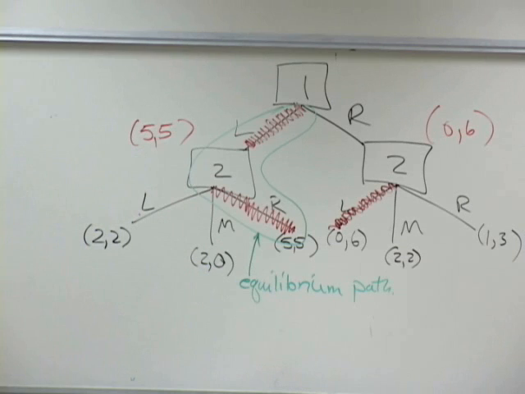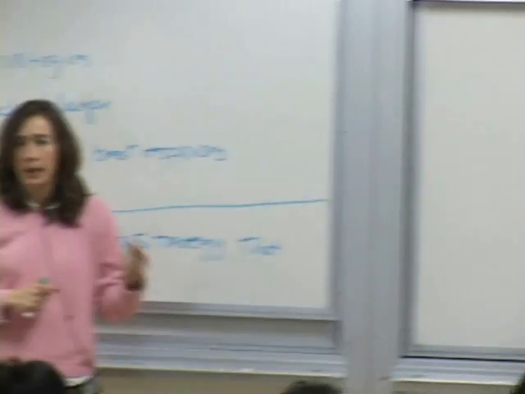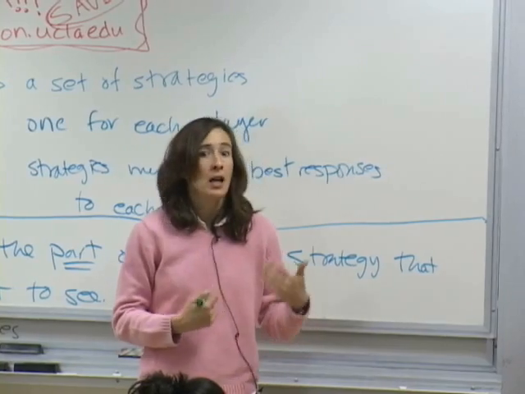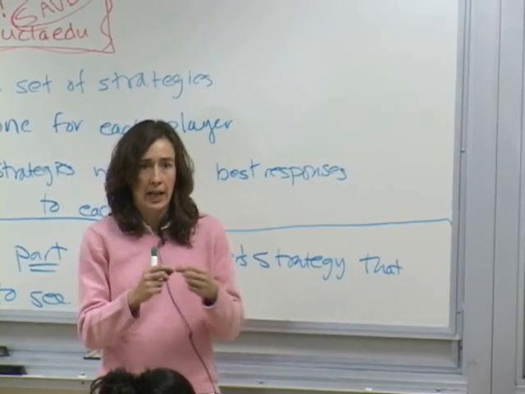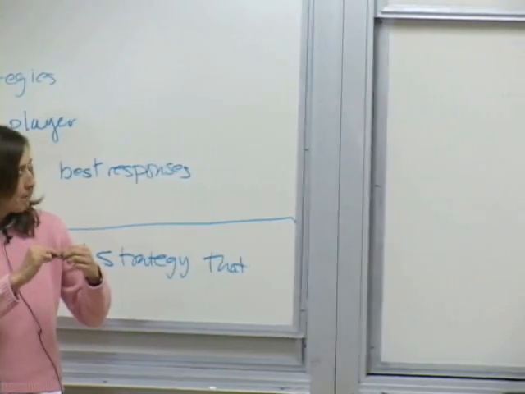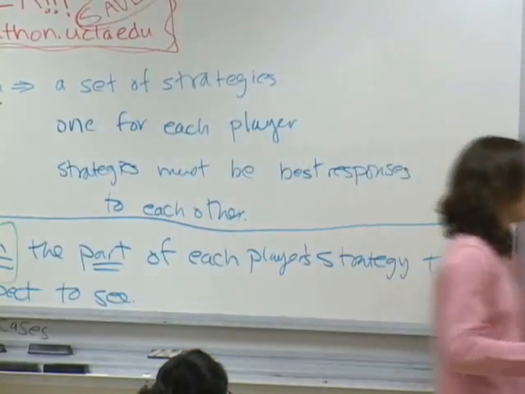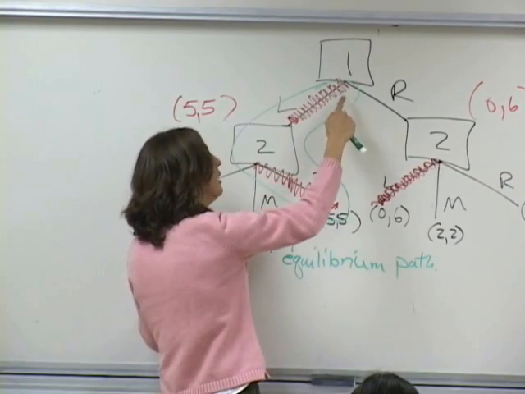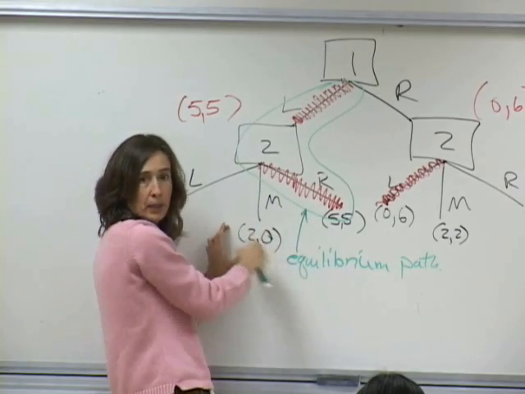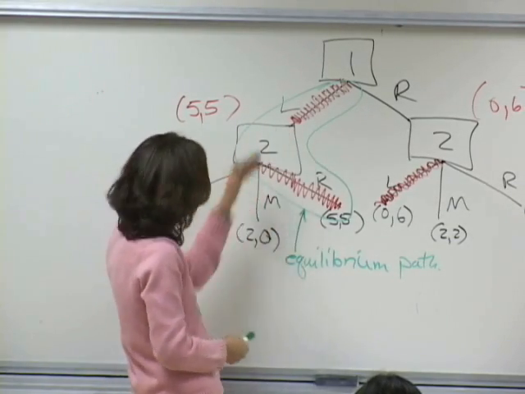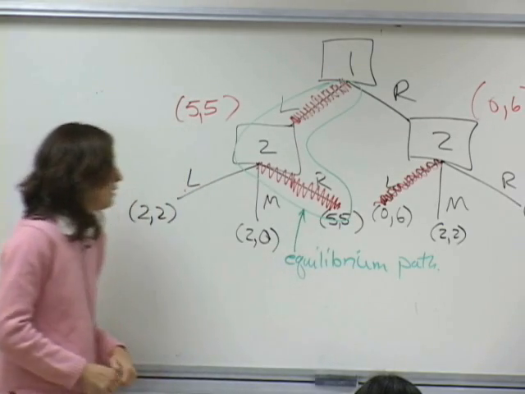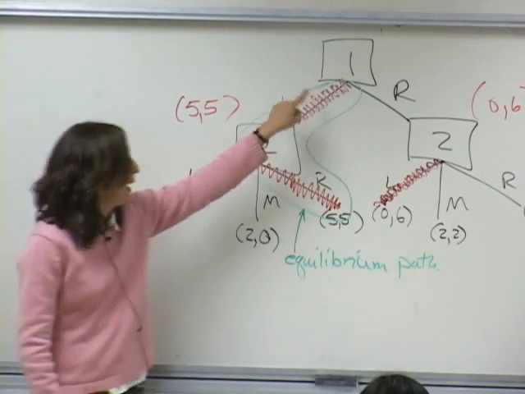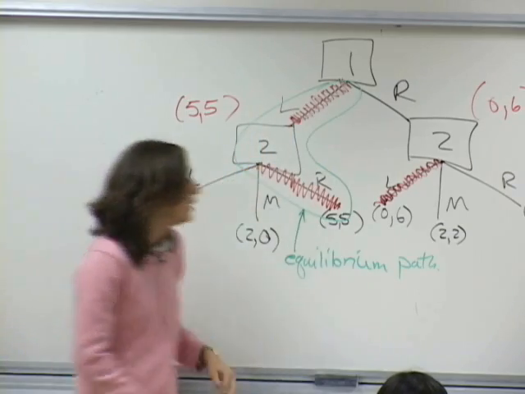The equilibrium path is also a combination of actions, but now it's an action for each player at each of their nodes. Okay? In an equilibrium path, you can actually have a player that has more than one action if they have more than one round of nodes. So if this was a more complicated game where player 1 made a choice, player 2 made a choice, and then player 1 had another set of decision nodes, the equilibrium path would actually have 2 actions for player 1. This is the equilibrium path in the tree.